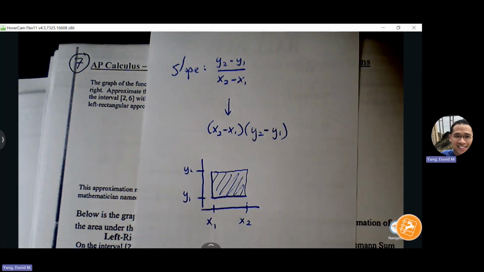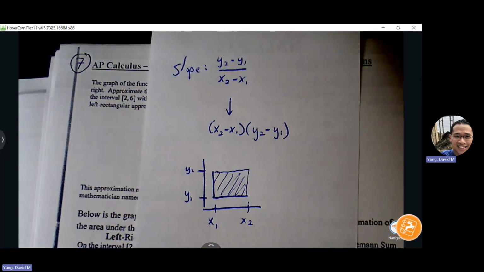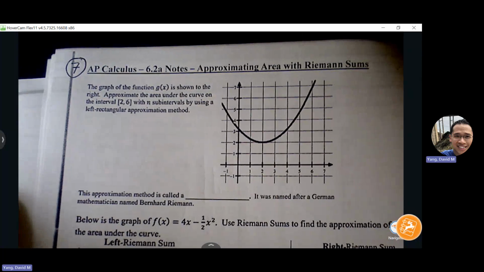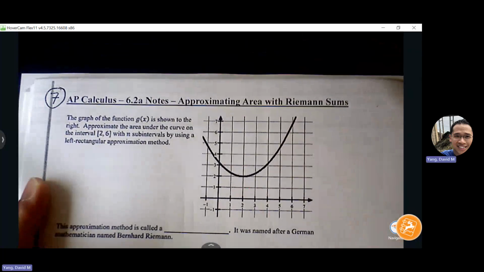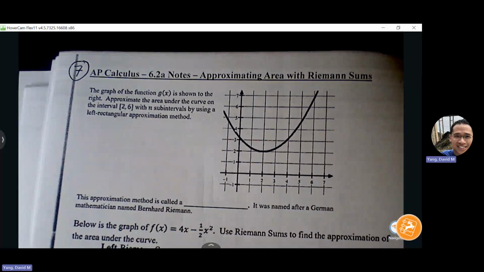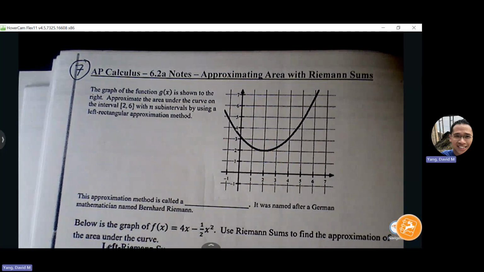So that's why everything with antiderivatives kind of has that area feel to it, because we're undoing the process of division and slope. Okay, so we're not going to get to the calculus portion until maybe tomorrow or Monday. So we're going to focus on the idea of approximating area using rectangles.